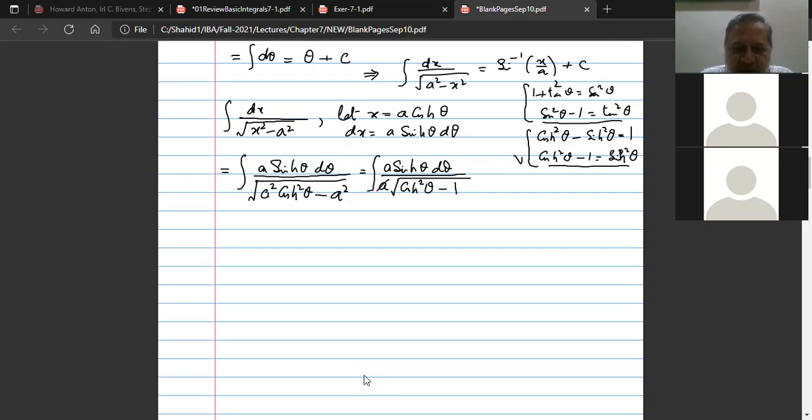So what I get is that this cancels out, and the next step will be in the form cos hyperbolic square theta minus 1 is equal to sin hyperbolic square theta.